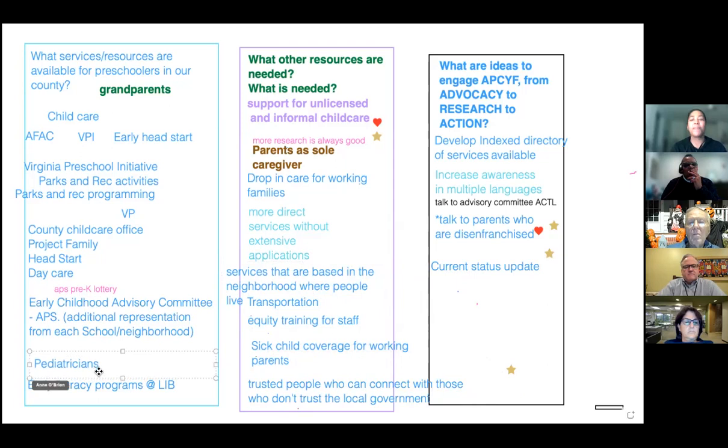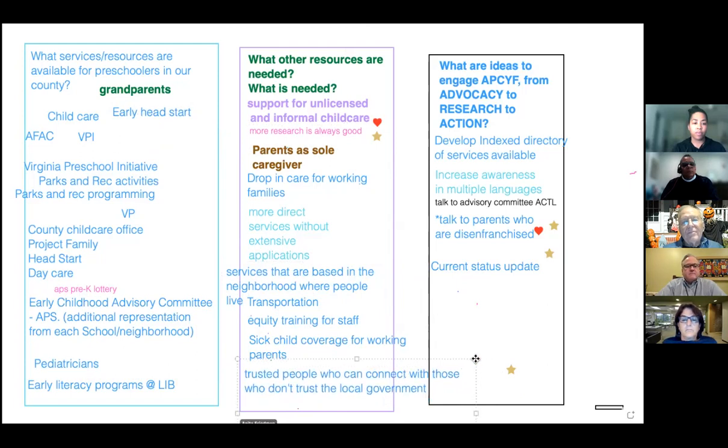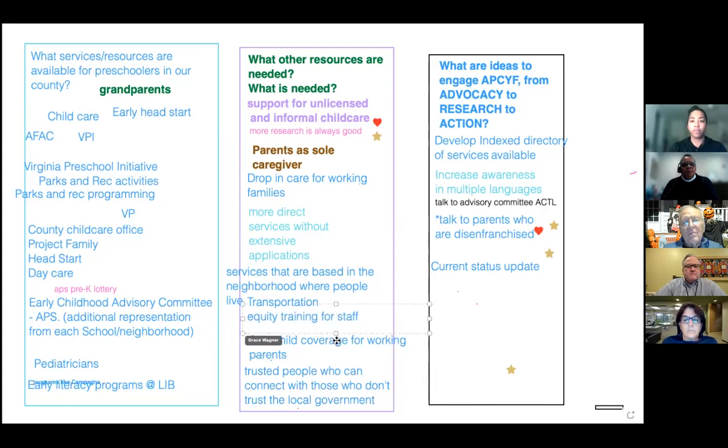Smaller, that'd be great. I'm trying to switch mine to 12. I might have to tear the sheet off and start again because there's not enough room. Sorry, Siobhan. That's all right.